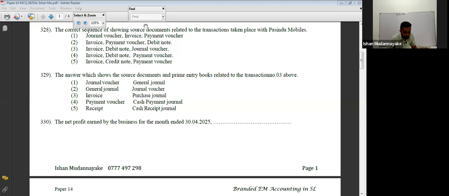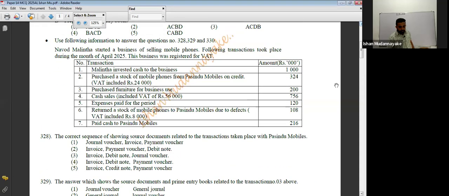Net profit earned by the business organization after these transactions. What's the answer for the question?